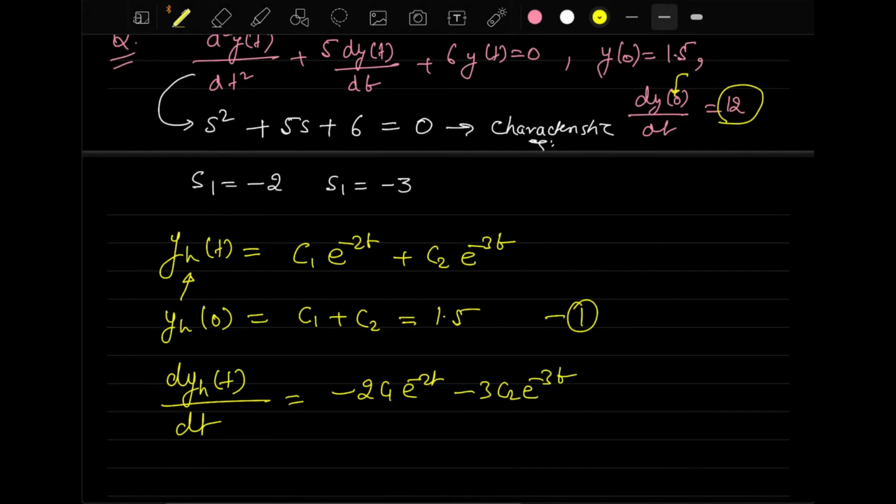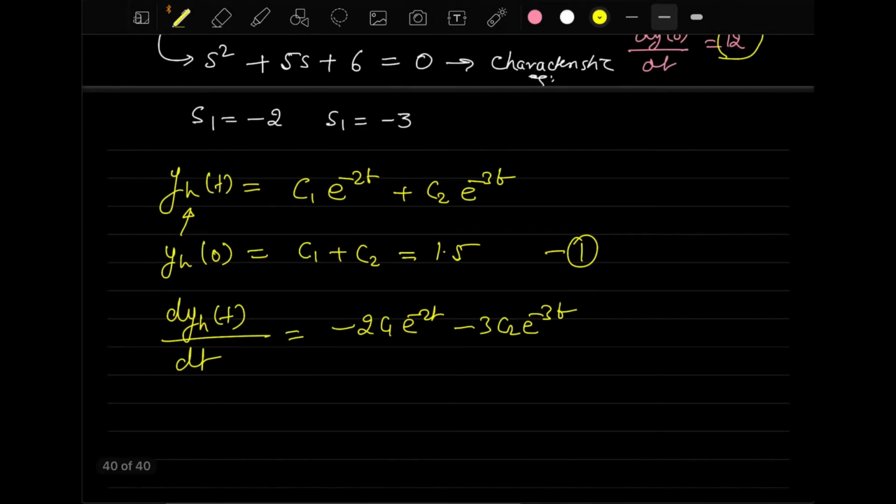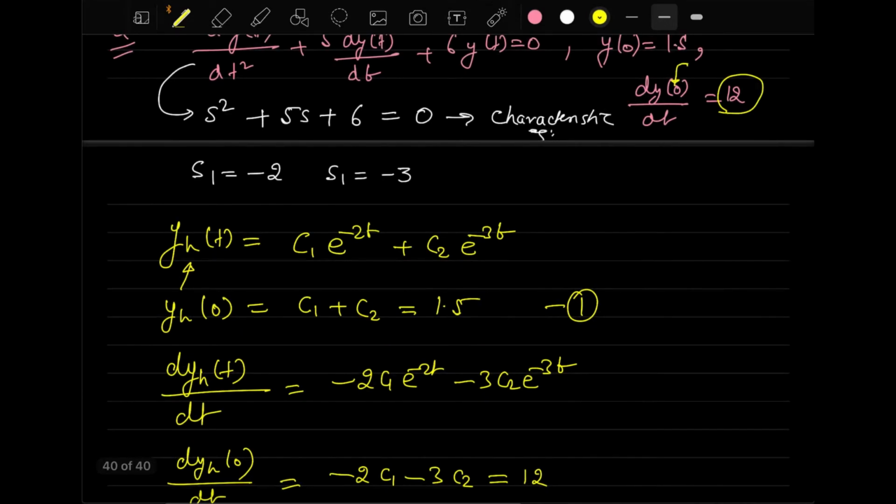This is the value you will get once you differentiate the above expression. Now it's easy, right? You can put the value of dyh(0)/dt, so you are putting the time value as 0. It gives you one more equation, and this value is equal to 12. Why is it 12? Because it is already given as an initial condition.